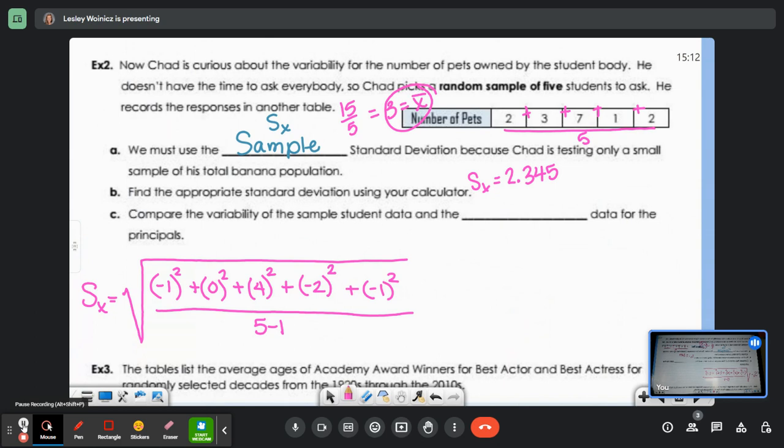Okay, so now we are going to compare the variability between this sample and the population on the front. And that was 1.673.